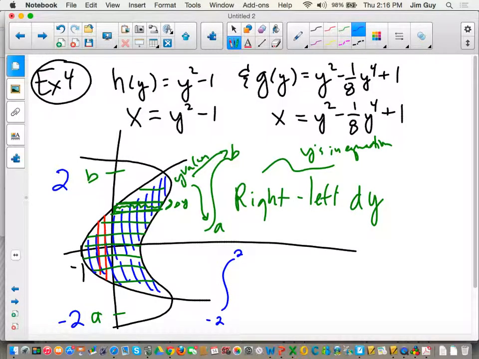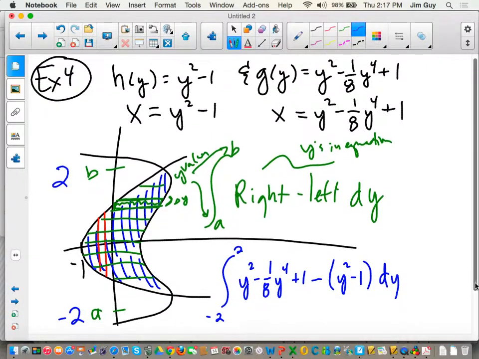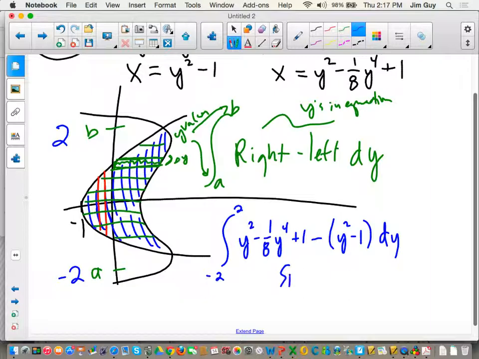The right equation is this one here with degree 4, so it's y squared minus 1/8 y to the 4th plus 1 minus the quantity of y squared minus 1 dy. And again, distribute, simplify, then integrate, but always simplify. And keep going until you get an answer.